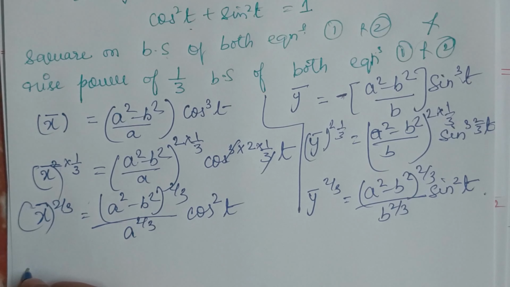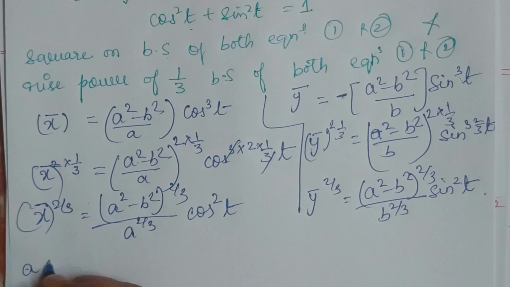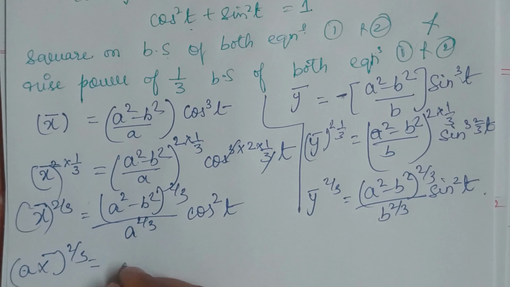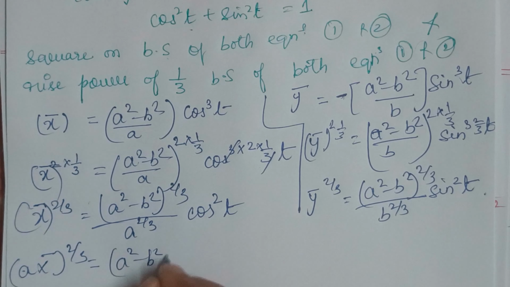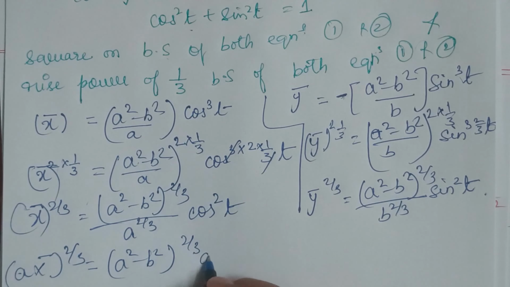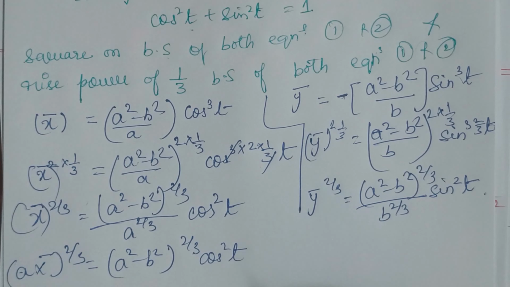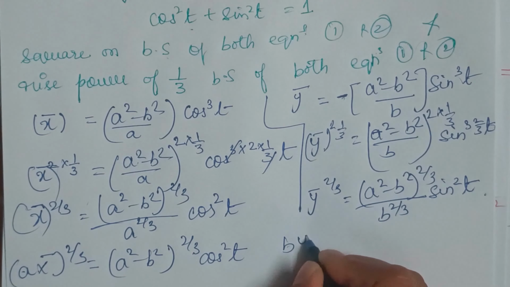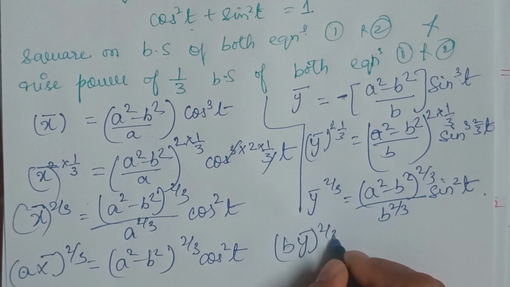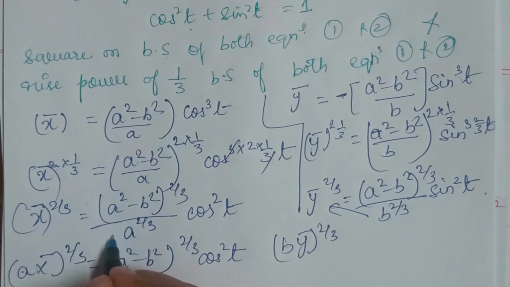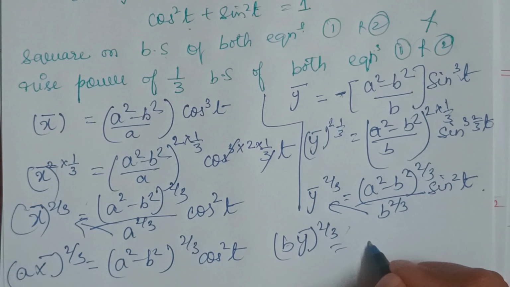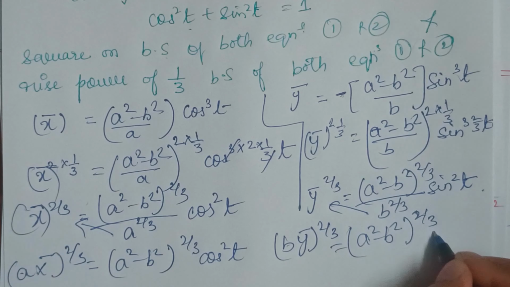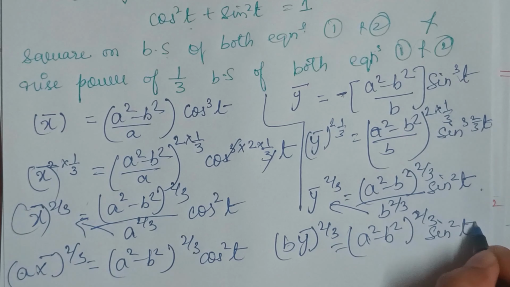Now it will become a x bar whole to the power 2 by 3 is equal to a square minus b square whole to the power 2 by 3 cos square t. And now b y bar to the power 2 by 3, just cross multiplying, is equal to a square minus b square whole to the power 2 by 3 sine square t.